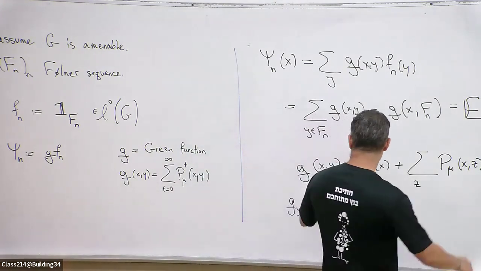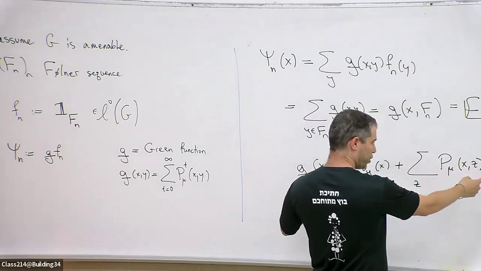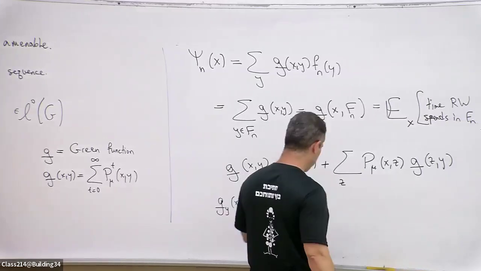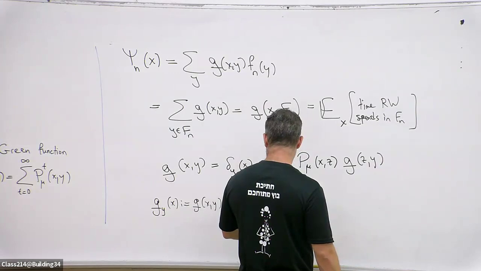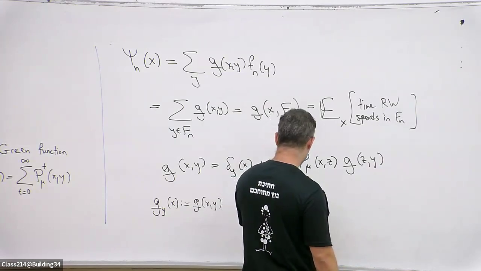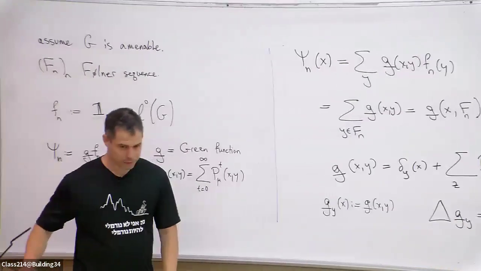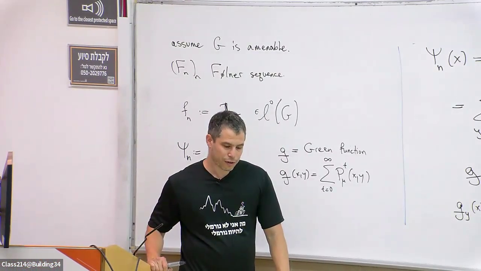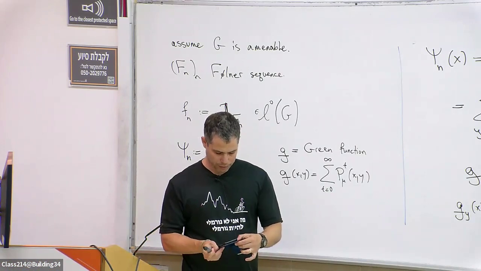Then what we proved here is that I minus P acting on this function is exactly delta. So we proved that the Laplacian of g y is delta y. This is the solution to the Dirichlet problem.